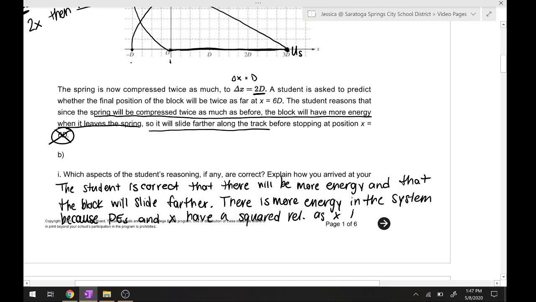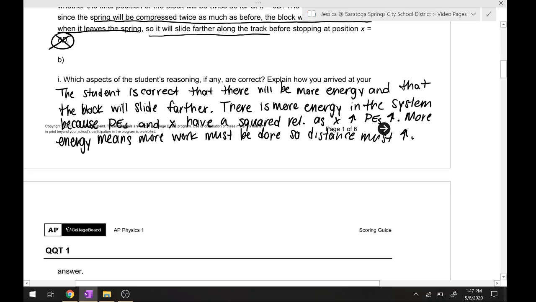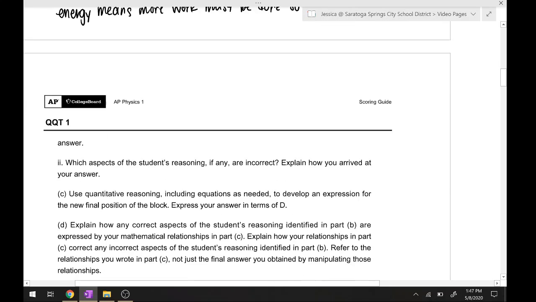As x increases, spring potential energy increases. More energy means more work must be done. So distance must increase. Okay. And then B2, which is incorrect.